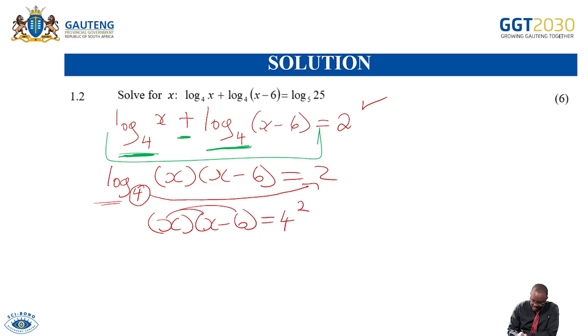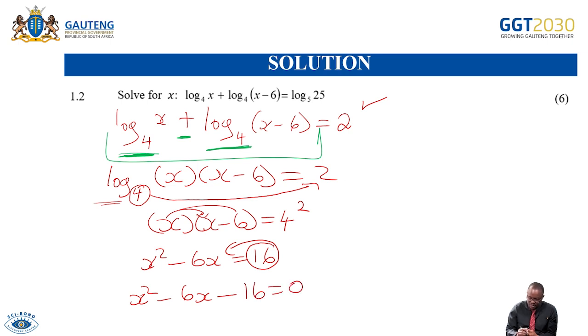Then you expand there. You're going to have x squared minus 6x is equal to 16. Remember, 4 squared is 4 times 4, which is 16. Then when we take this 16, transpose it, we're going to have x squared minus 6x minus 16 is equal to 0.